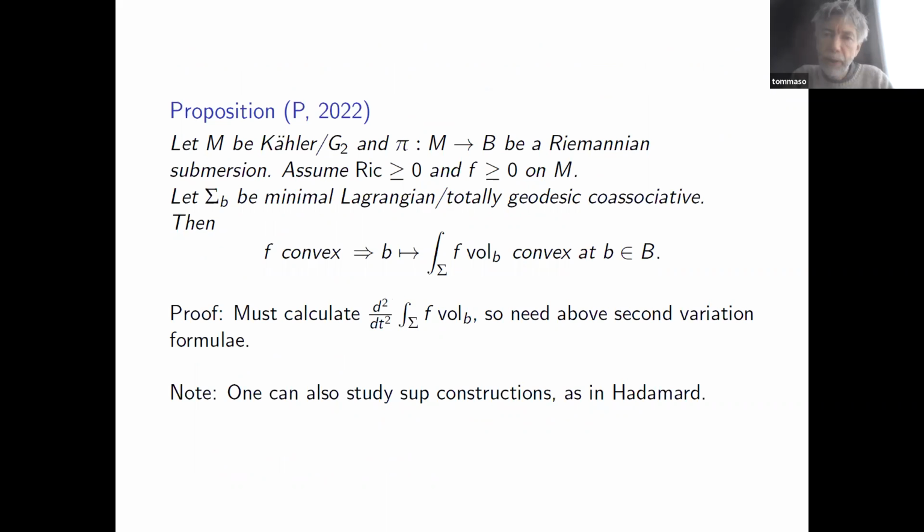And this is where we need the variation formula that I was talking about before, because you're taking second derivatives of an integral over a Lagrangian or a co-associative submanifold. And so you need to know how the volume form itself changes. So this is the way in which these two problems that I'm talking about interact on a different level.